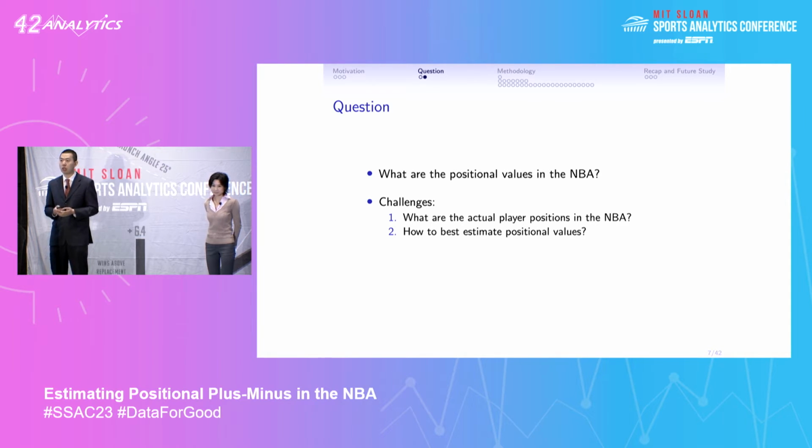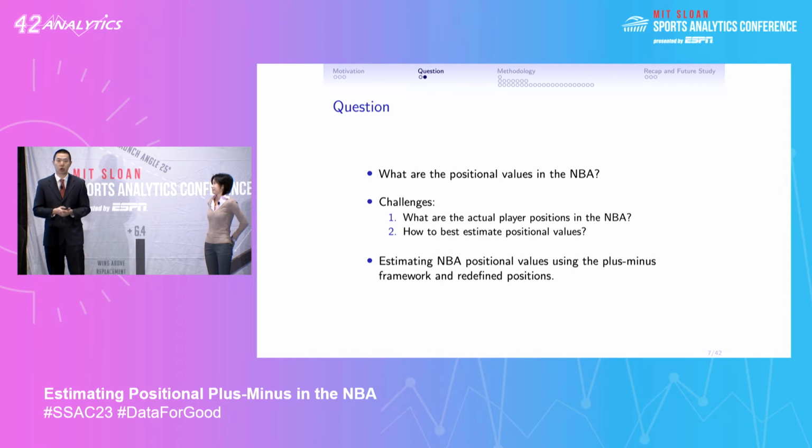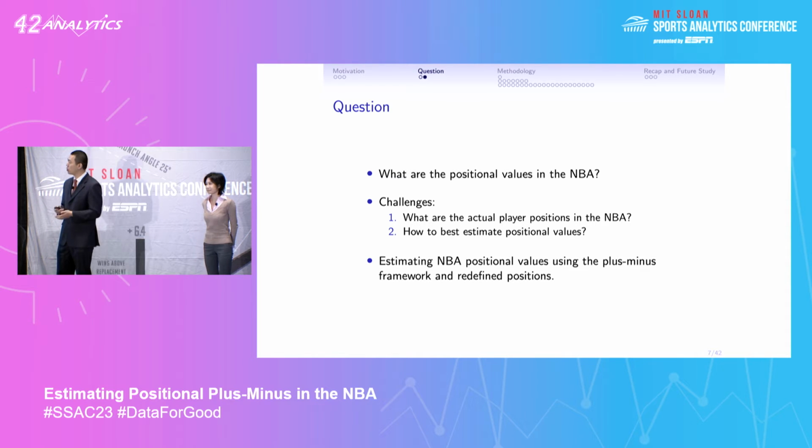In our study, we decided to use plus-minus because it takes the player's teammates and opponents' performance into account, and also the plus-minus model itself is quite flexible. So overall, what we try to do in our study is to estimate NBA positional values using this plus-minus framework and redefine player positions.